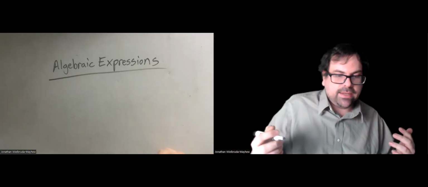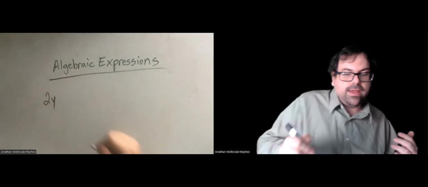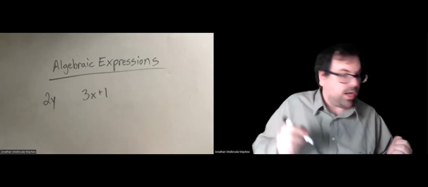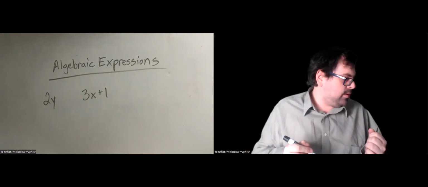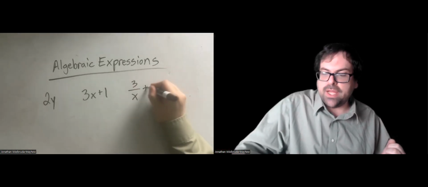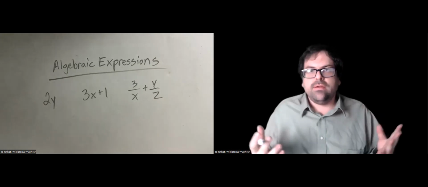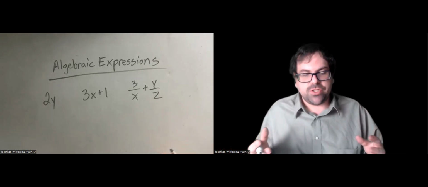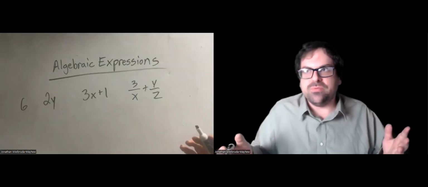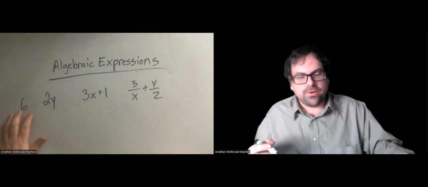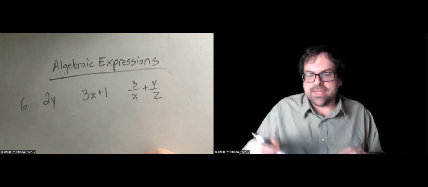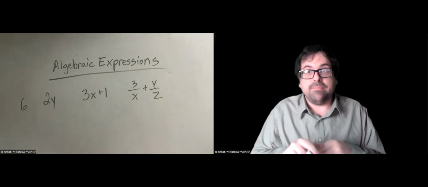So things like 2y, or 3x plus 1, or 3 over x plus y over z. These are algebraic expressions. They're mixtures of, even just the number 6 is an algebraic expression. We have a mix of numbers, variables, and signs like plus or minus, times or divided.